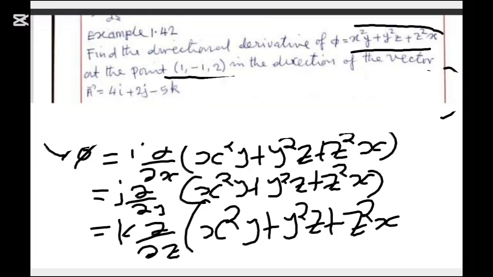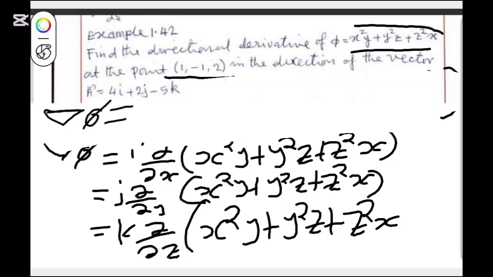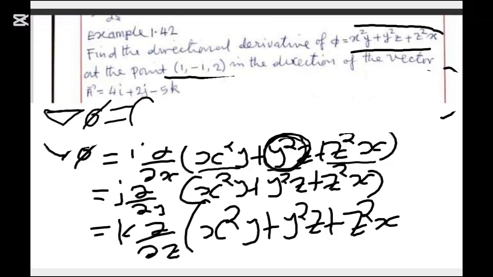So we have to differentiate. For i, if I differentiate each and every part with respect to x, automatically the second part should now become 0. I'll get 2xy here, and also I'll get z squared here. So therefore I'll have 2xy plus z squared.